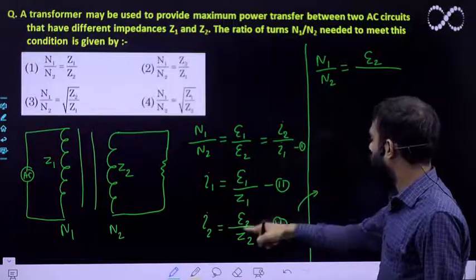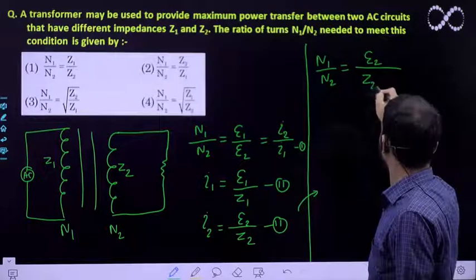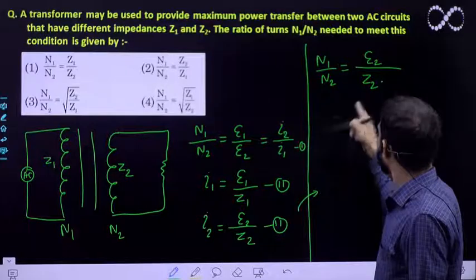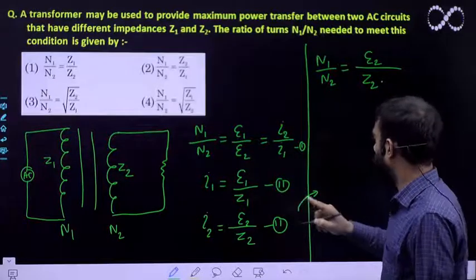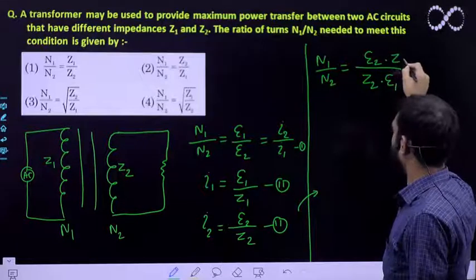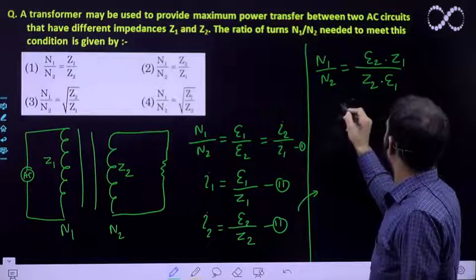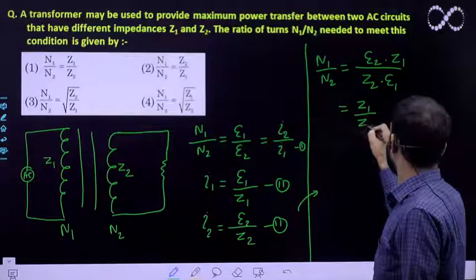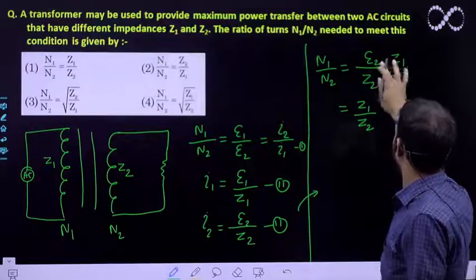I2 is equal to E2 upon Z2, and I1, from equation 2, is E1 upon Z1. If I take this further, this will become Z1 upon Z2 times E2 upon E1.